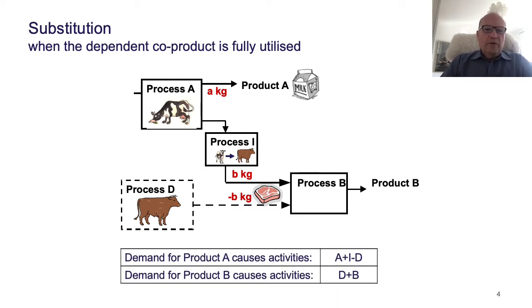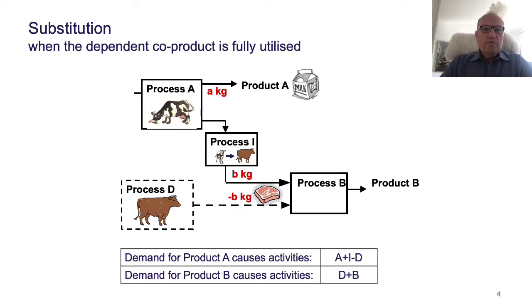So what we can conclude here is that a demand for product A will cause the activities A plus the activity I minus the activity D, which is the displaced production.